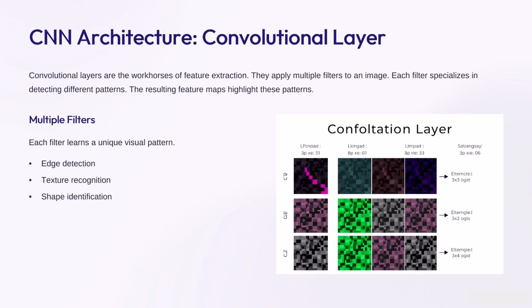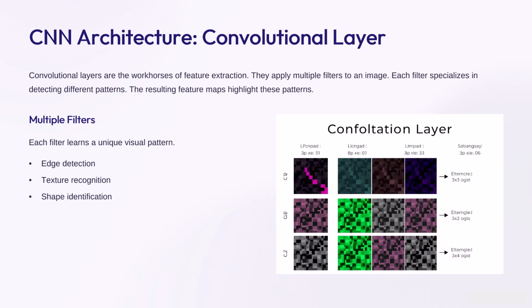So let's say we are building a CNN to tell apart cats and dogs. The first layer finds simple things: lines, curves, edges. The middle layer finds eyes, ears, or tails. Then the final layers recognize full body shapes like a cat's face or a dog's body.